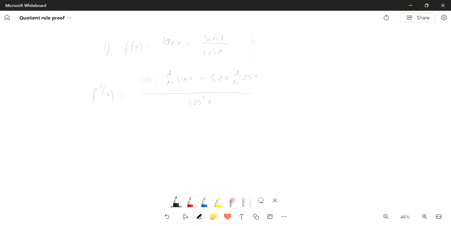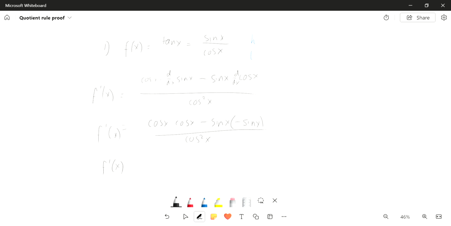I'll just keep this f prime of x so that you know what I'm referring to. That means cosine x multiplied by cosine x minus sine x multiplied by negative sine x, all over cosine x squared, is equal to our new derivative.